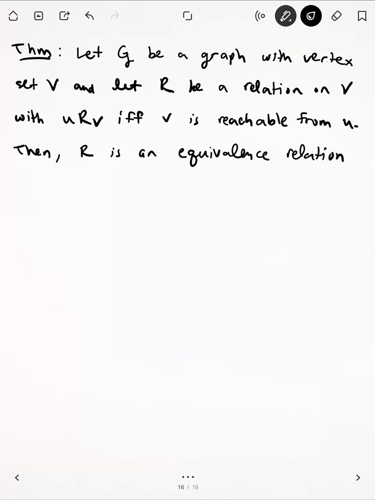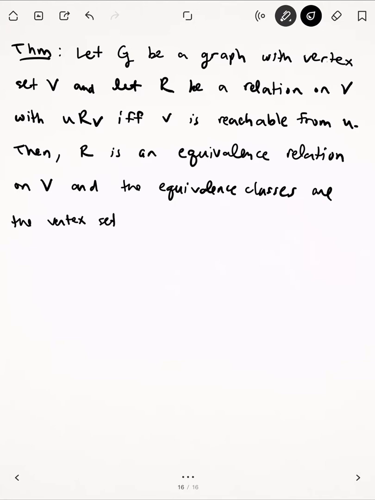R is actually an equivalence relation on V, and the equivalence classes are the vertex sets of the components.